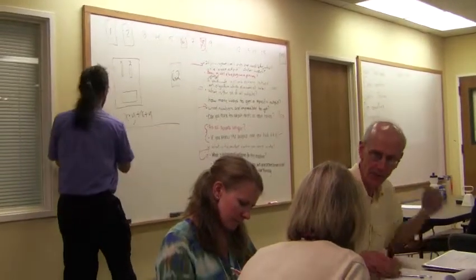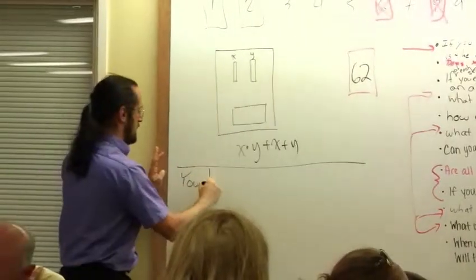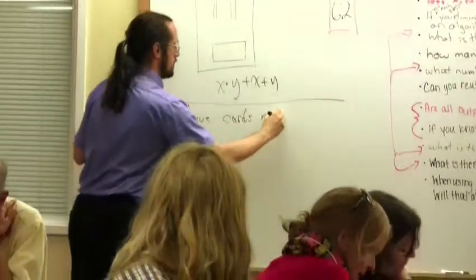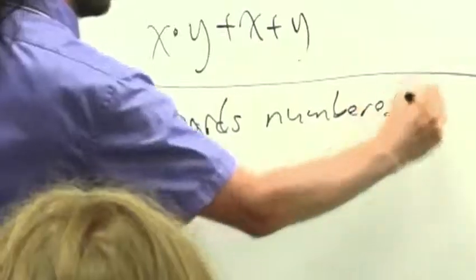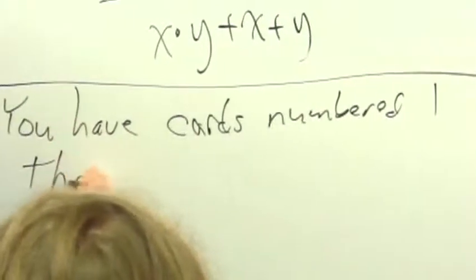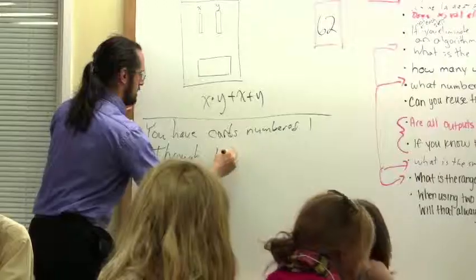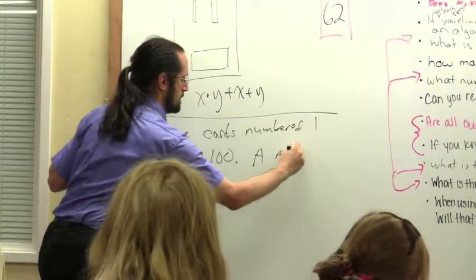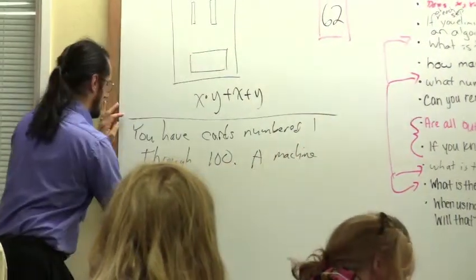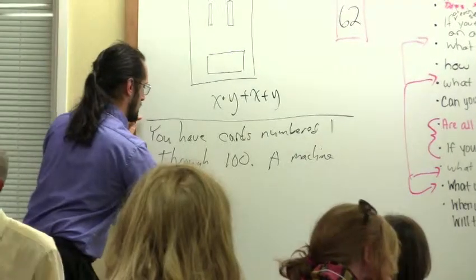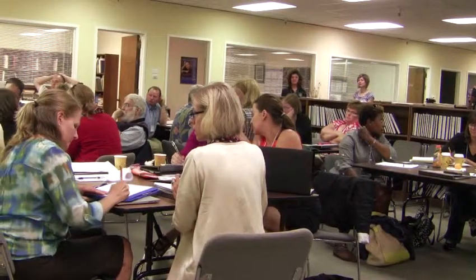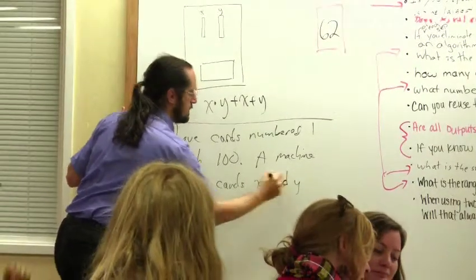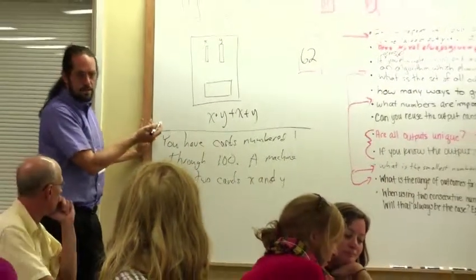So here we have the problem. Maybe the original statement says something like, you have cards numbered 1 through 100. A machine eats 2 cards, X and Y. And you know, I do this problem with like 4th and 5th graders too.